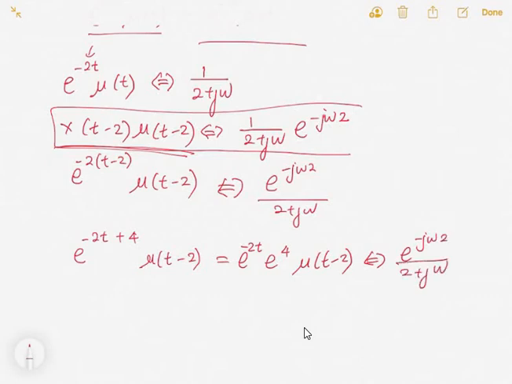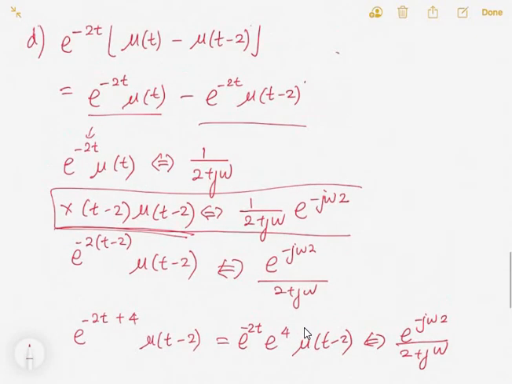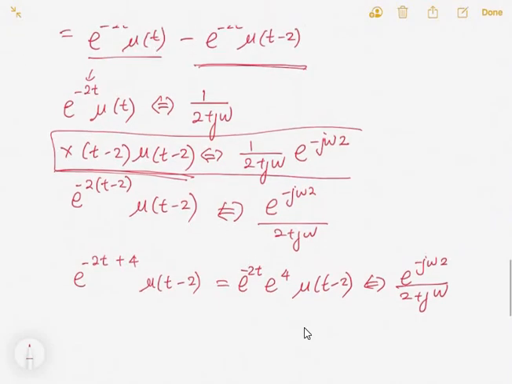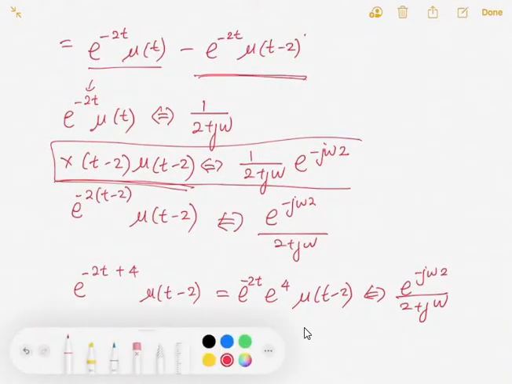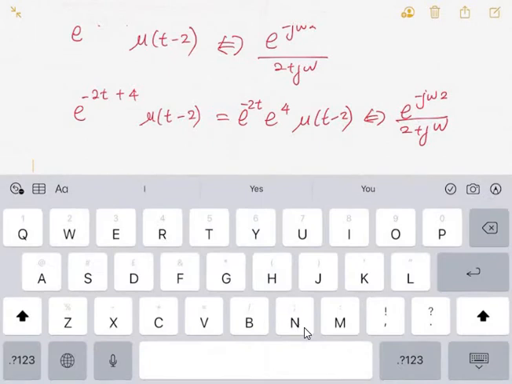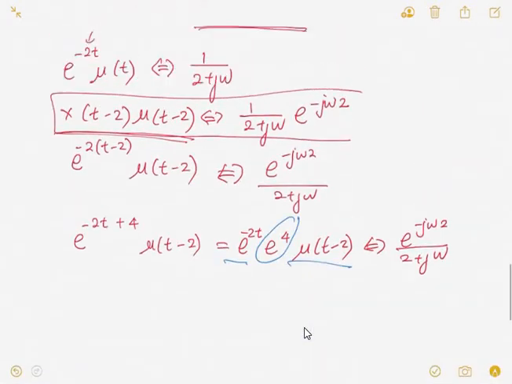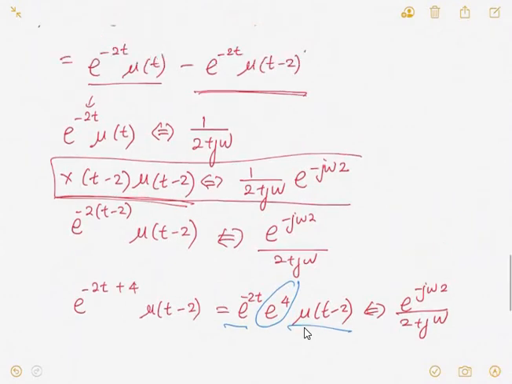Why do I do it like this? Because your question refers to e^(-2t) u(t minus 2), and yet what you have is e^(-2t) e^4 u(t minus 2). So where is the extra? The extra is this part, right? Apart from that, this is the same as the given question.